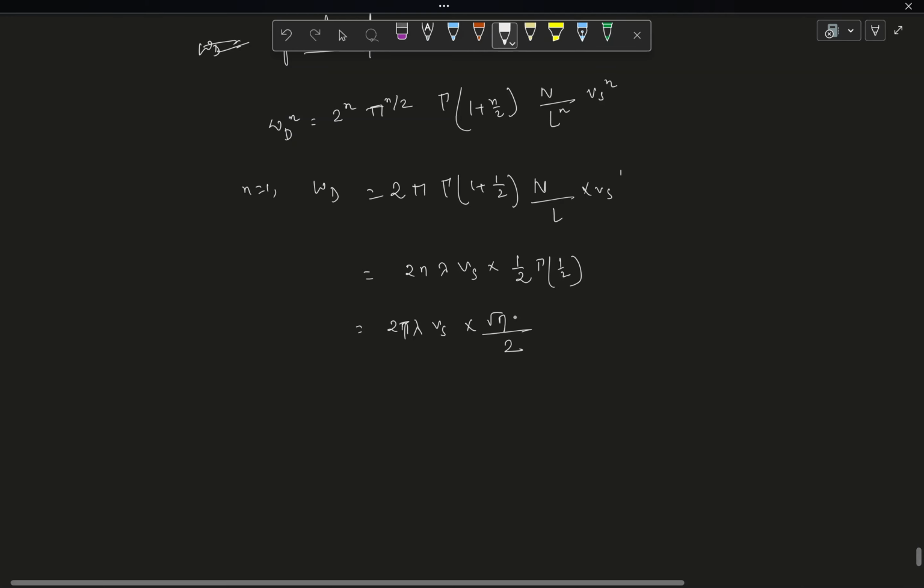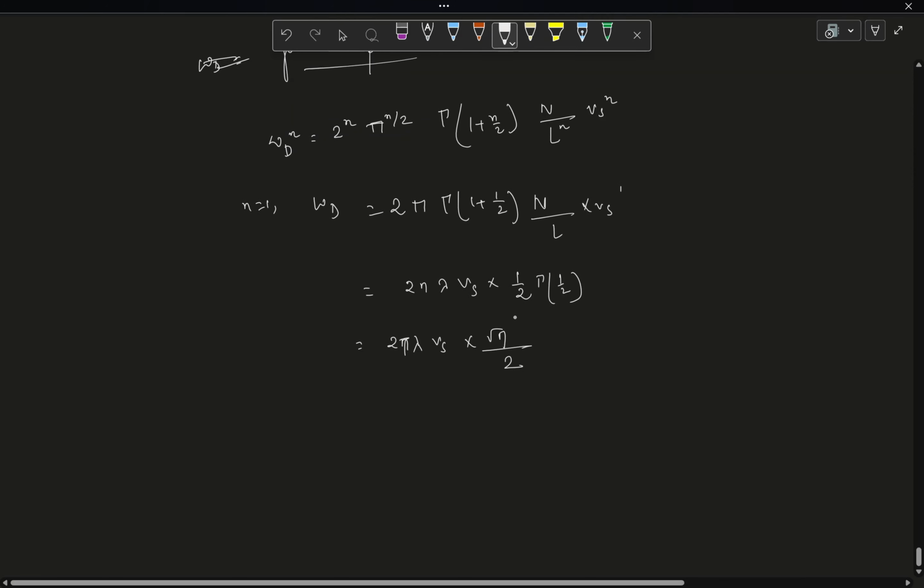So pi to the power n by 2 is pi to the power half, right? So this is 2 by lambda, 2 pi to the power of half, root over pi.